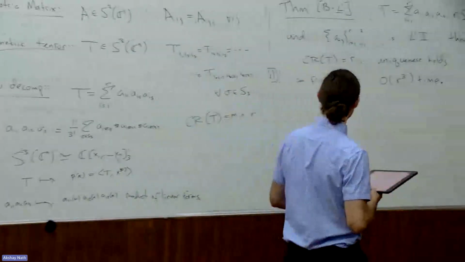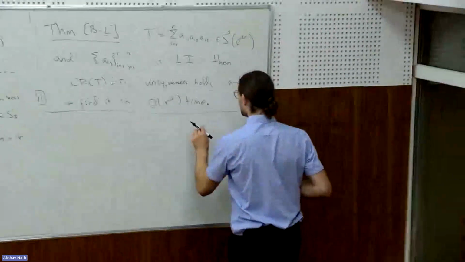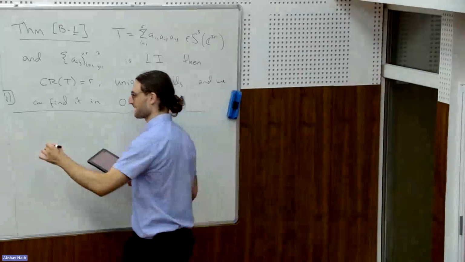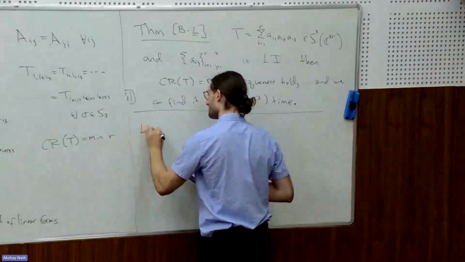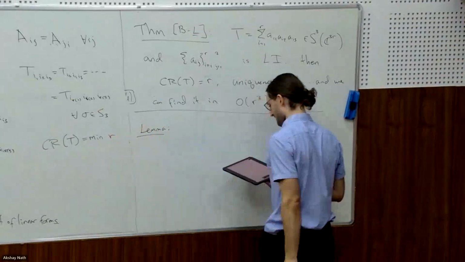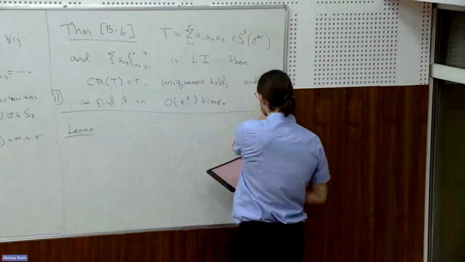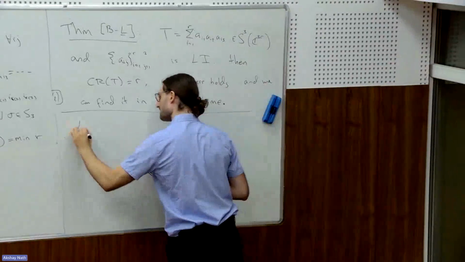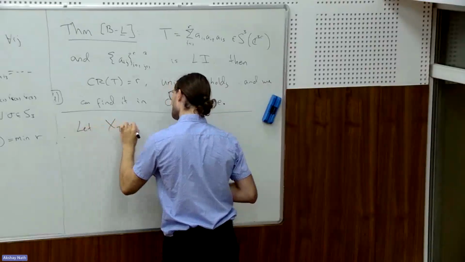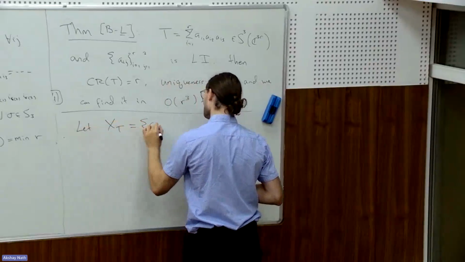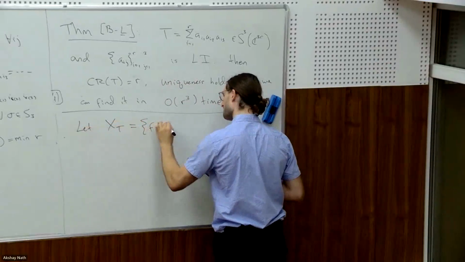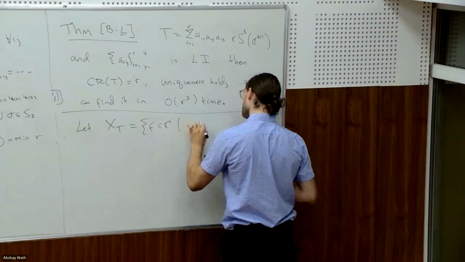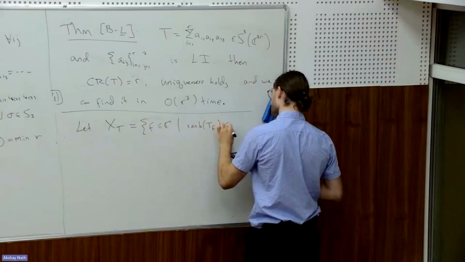Okay, so basically we're going to follow the same formula as Jennrich's algorithm for this, and I'm going to make it a little more formulaic. First, I'm going to define this contraction variety. Let X_T be the set of linear forms f such that the rank of T_f is less than 3R.